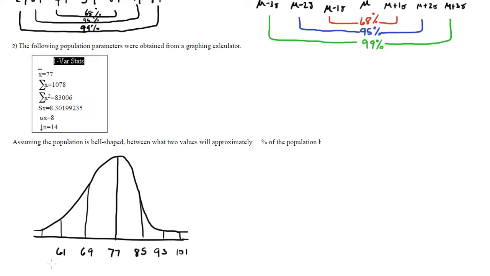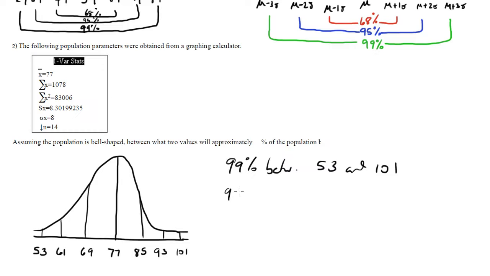And subtract another 8, and what do we get there? I'm drawing a blank. It's 53, isn't it? Yeah. So 99% of my values are between 53 and 101.